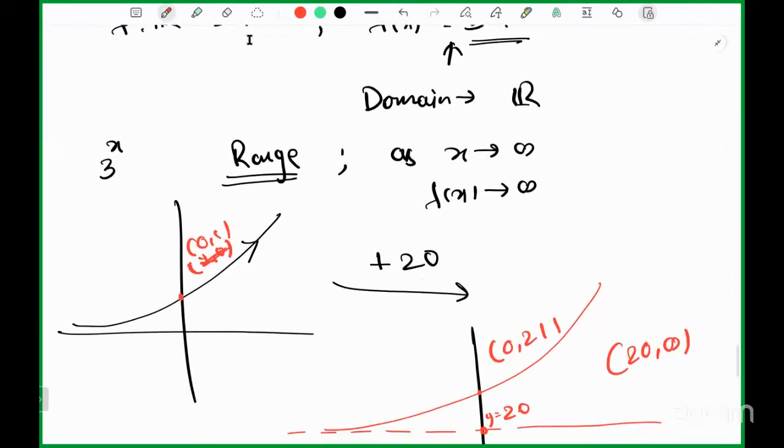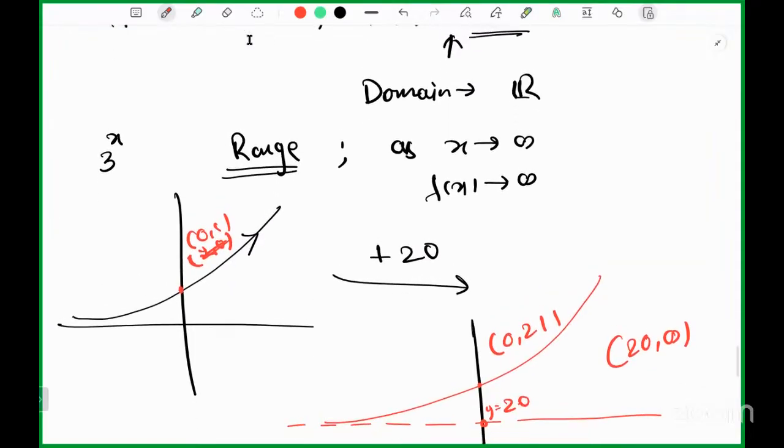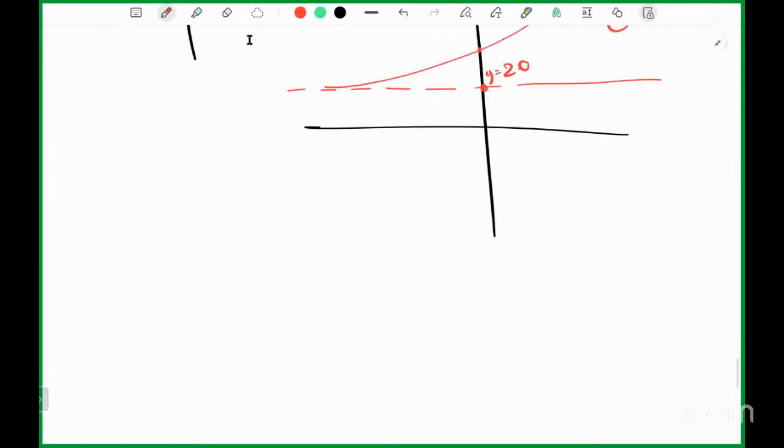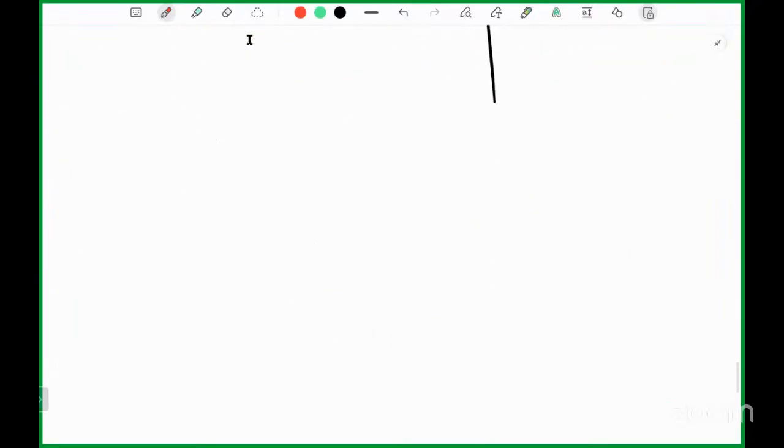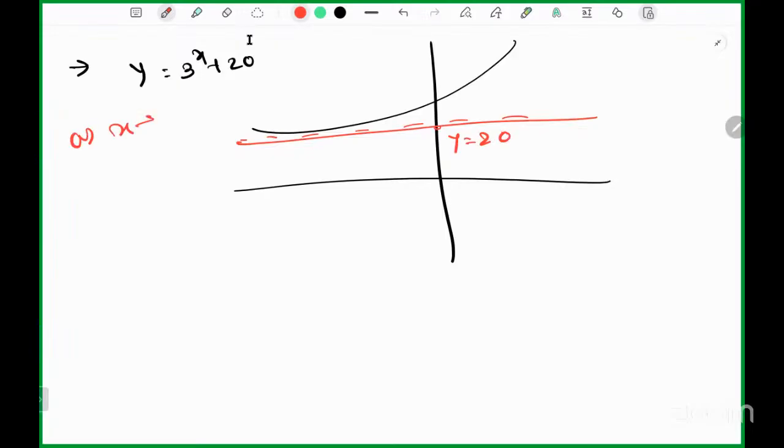So see, in this graph, 3 to the power x plus 20, you also have an asymptote. The graph is something like this, because if x goes to minus infinity, the line y equals 20 will work as an asymptote. As x goes to minus infinity, 3 to the power x goes to 0, so y goes to 20, a finite value.